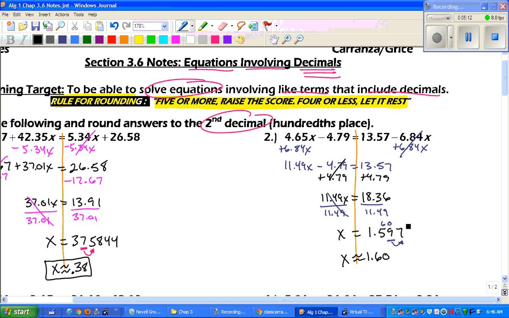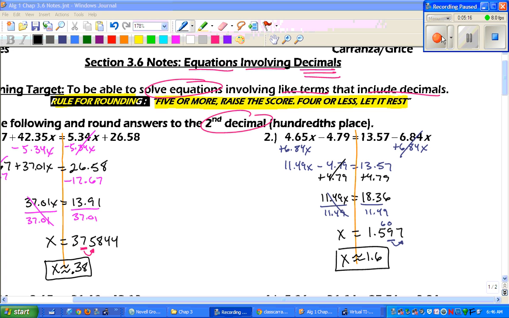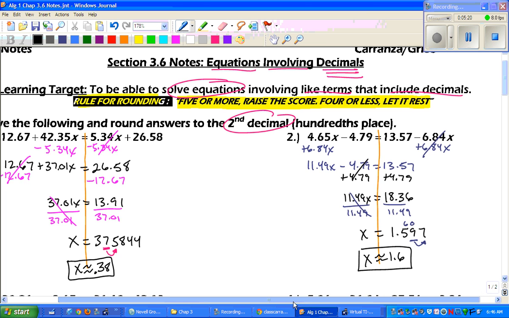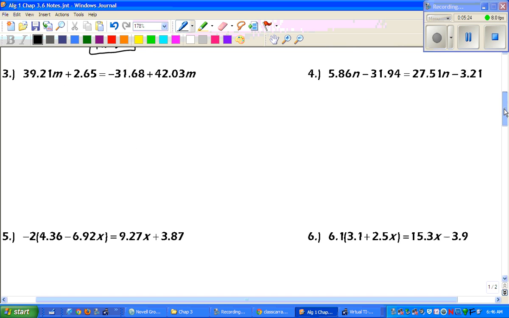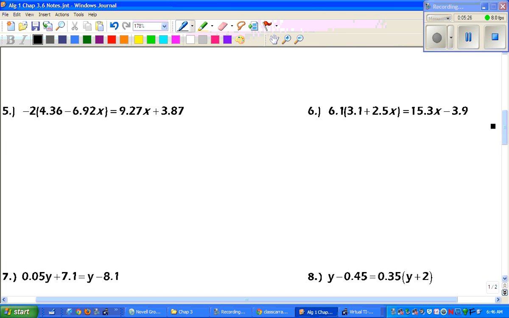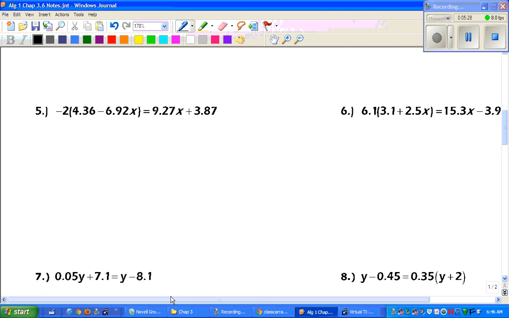It would be 1.60, but you don't need that 0 there. Okay. So now number 3 and 4 are just like 1 and 2. Let's move on to a harder one. If you want to try those, you can look at the answers that are on the notes page.